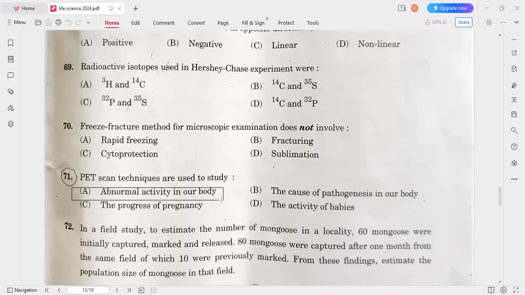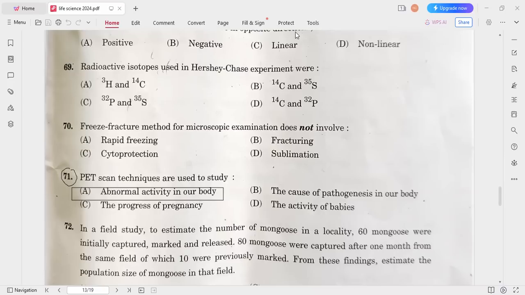So maybe option A is correct, but we have to wait till the final answer key is released. In my point of view, option A is correct. Option D also seems to be correct. Sometimes options B and C are also correct, but option A yields more. Okay, so this is about question 71.